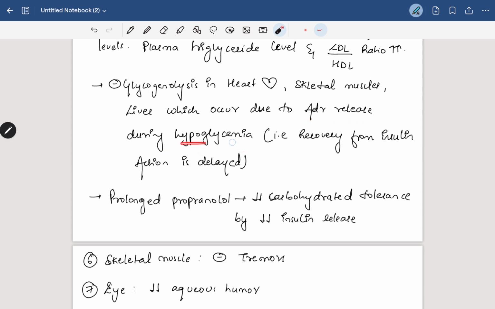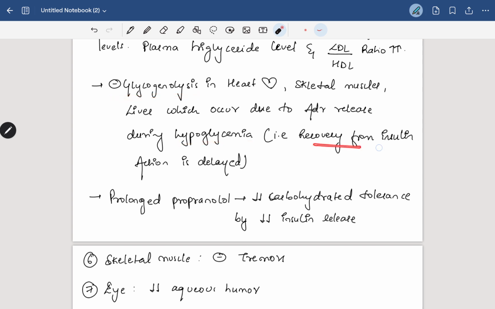Hypoglycemia means there is less sugar in the blood. Imagine you're hungry or running fast, there's less sugar in your blood, so there's adrenaline release. But if that person is taking beta blockers, glycogenolysis is inhibited.